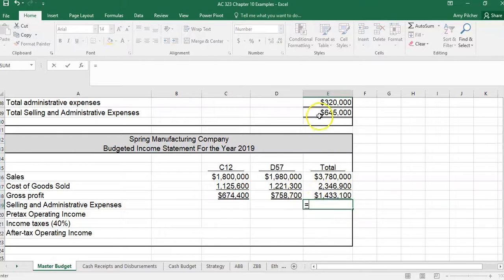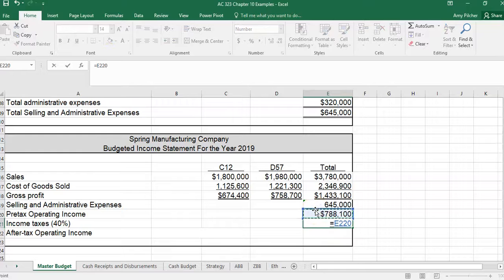Our selling and administrative expenses, and that gives us our pre-tax operating income. Our income tax expense is 40%.